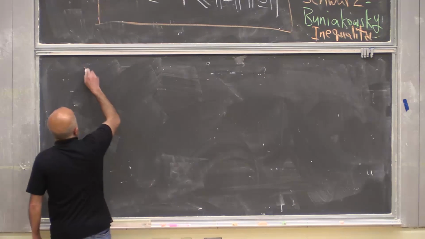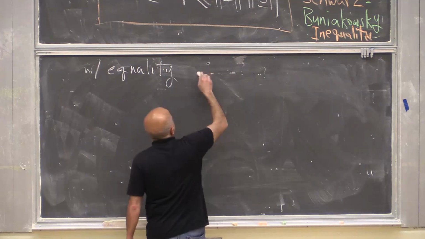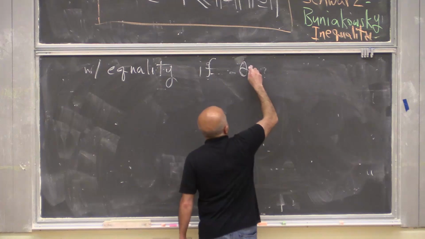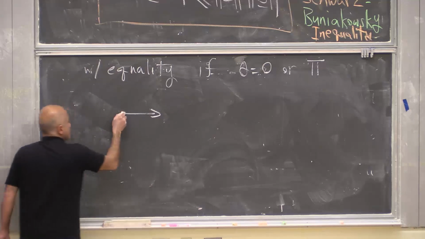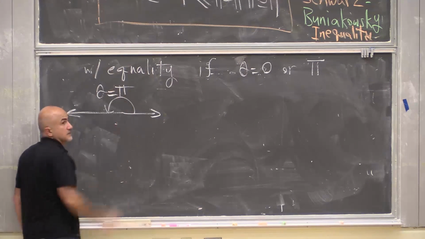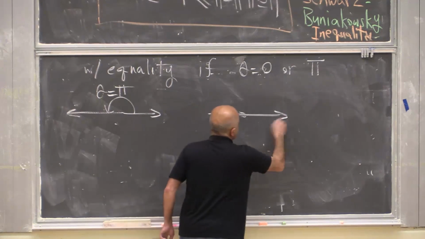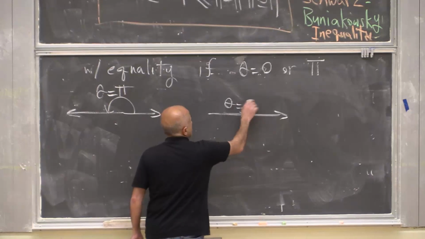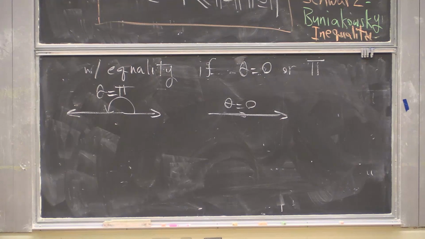So with equality, if theta equals 0 or pi, which means that your two vectors are either at an angle of pi or are collinear in the same direction. Theta equals 0. Okay? So that's when the projection, which I'm going to get to in a moment, is perfect. The theta doesn't diminish anything.